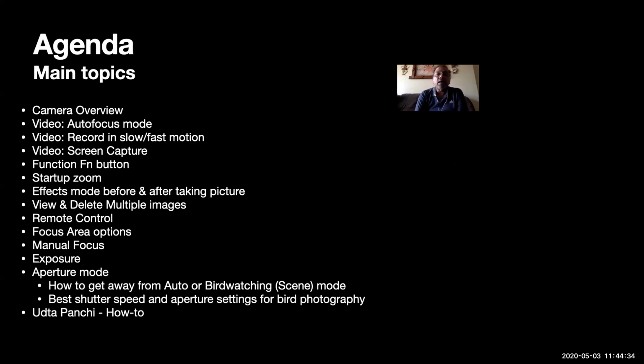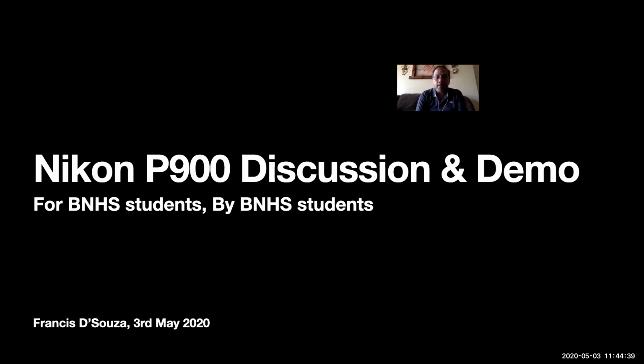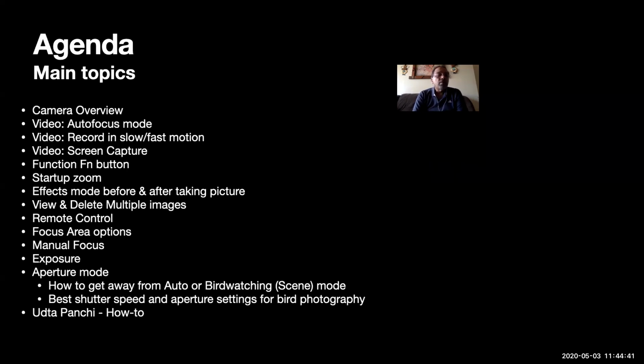Let's look at the agenda item. So today's agenda is we'll talk about the camera itself. Those who have not explored your camera, we'll look at that. We will also look at three video options which we have. Number one is the autofocus mode, how to use it, how to use the slow motion, fast motion using your video camera, and also how to do a screen capture of a photograph from a video.